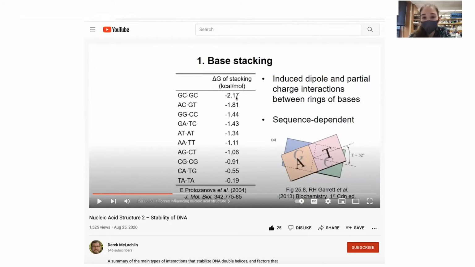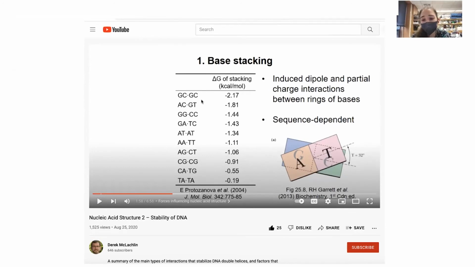So basically, the more negative this is, the better, the more benefit you get. So you can see with a GC-GC pair, you're going to have the strongest effect, whereas with a TA-TA pair, you're going to have a weaker effect.